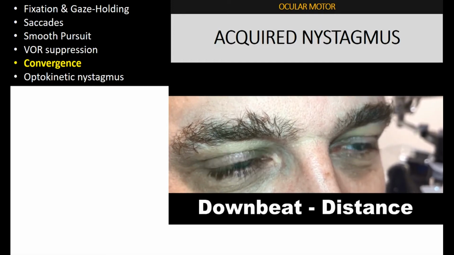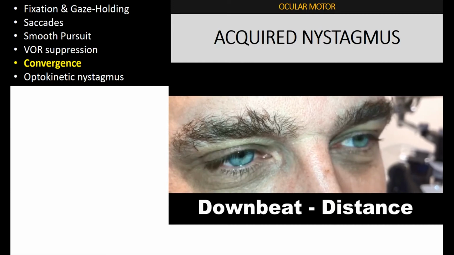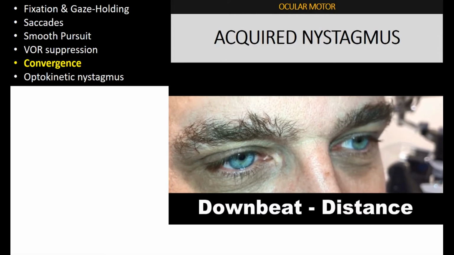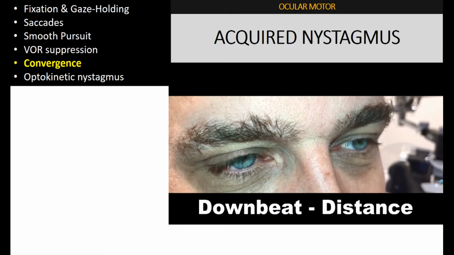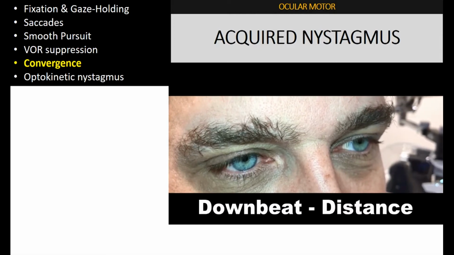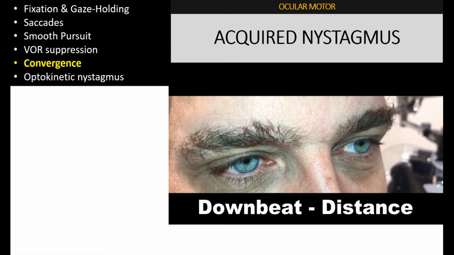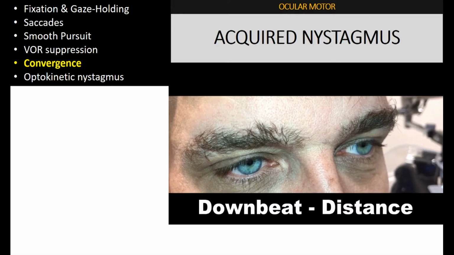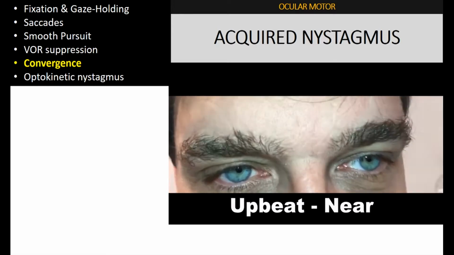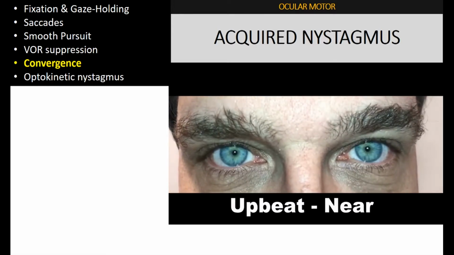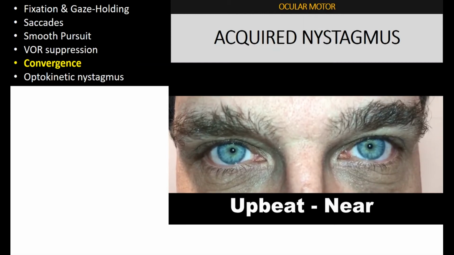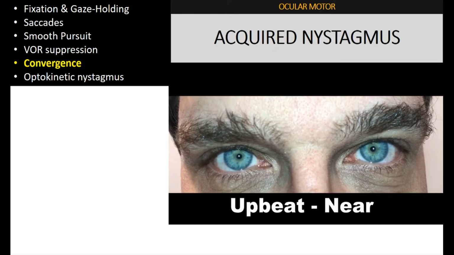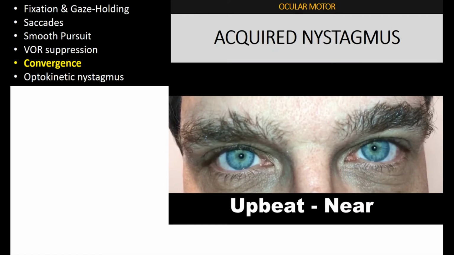So this patient has vertical nystagmus that depends on the distance of where the patient is. So again, convergence, near, upbeat, and distance is downbeat.